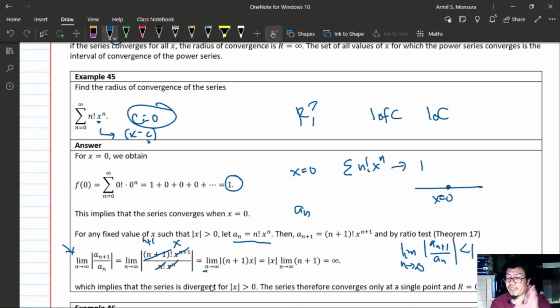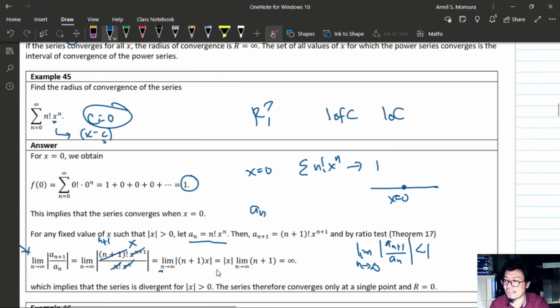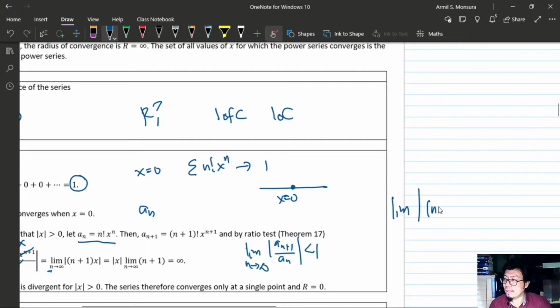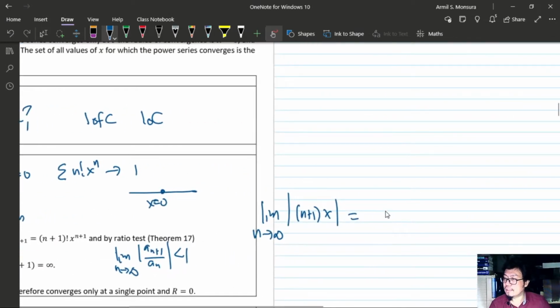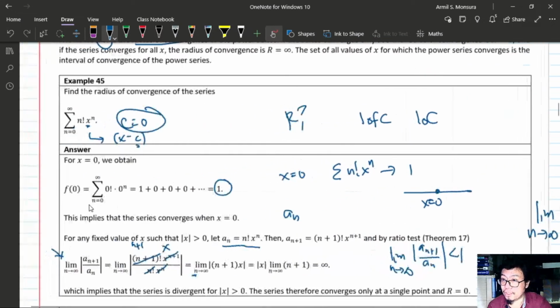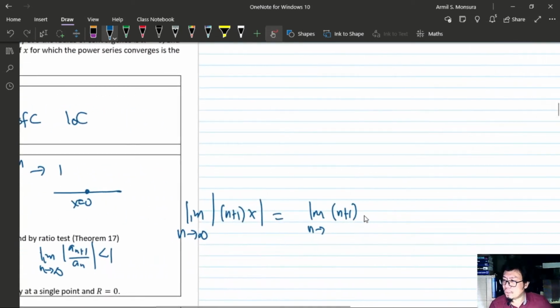The limit of the absolute value of n plus 1 multiplied by x as n approaches infinity can be written as the limit of the absolute value of n plus 1, multiplied by the limit of the absolute value of x. Since n plus 1 is already positive, we need not write the absolute value, because n is in the domain of positive integers, from 0 up to infinity. When we evaluate the limit, the second factor automatically becomes the absolute value of x because there's no n there.